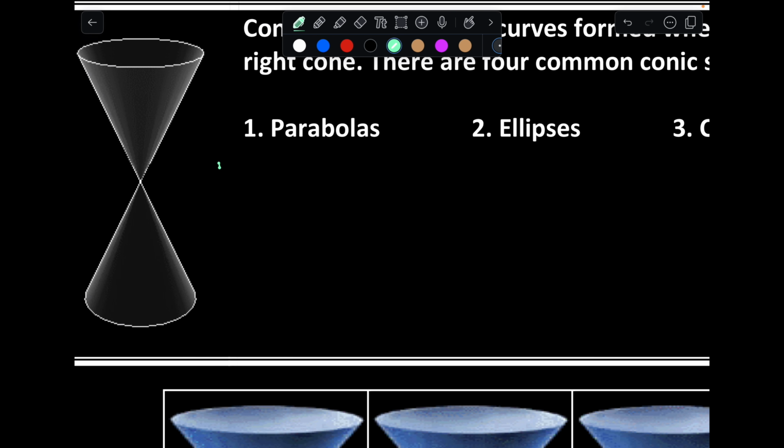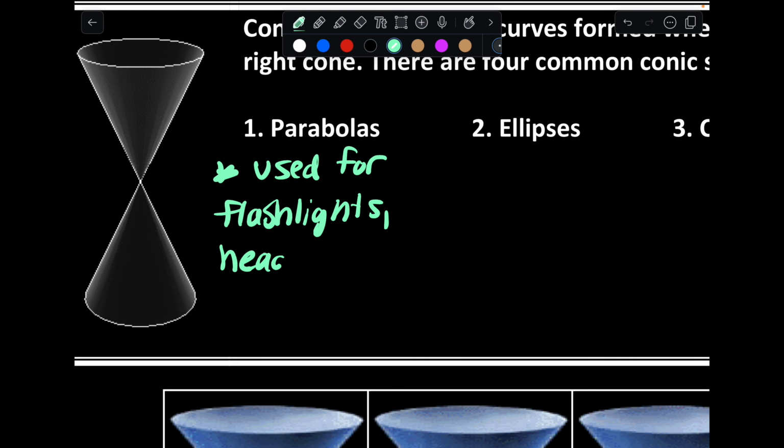For parabolas, we'll talk about the relationship that a parabola has as far as the points on the curve itself. But how these are used is if you think of a three-dimensional parabola, which is called a paraboloid, these are used for flashlights, headlights in cars, etc. Essentially, how a parabola works is that there's a focus, and in a paraboloid, a three-dimensional parabola, there's also that focus, but we are able to use that focal point in order to shoot light out of that three-dimensional space going forward.